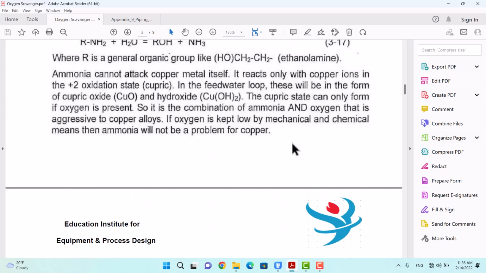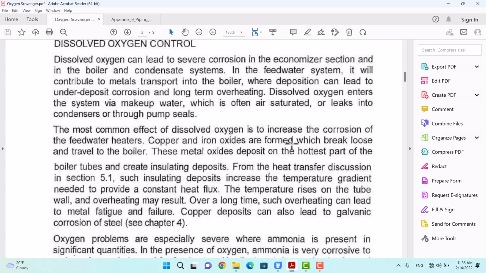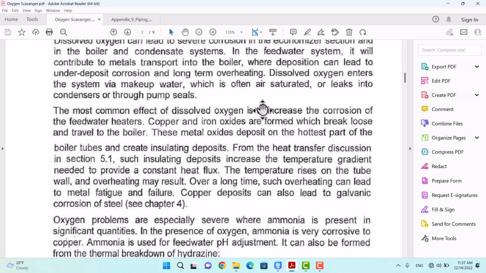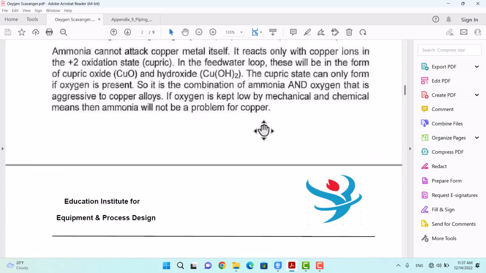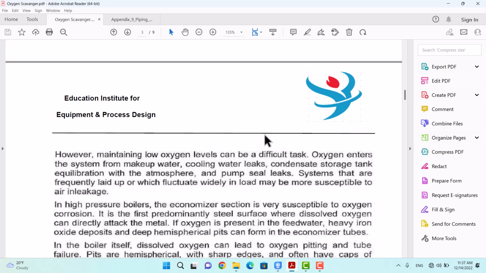So, based on these sentences, I can say that oxygen enters the systems via cooling water leaks, condensate storage tanks, which are in contact with the atmosphere, and pump seal leaks. Those plants which experience fluctuations in capacity and load might experience more oxygen entrance into their systems.